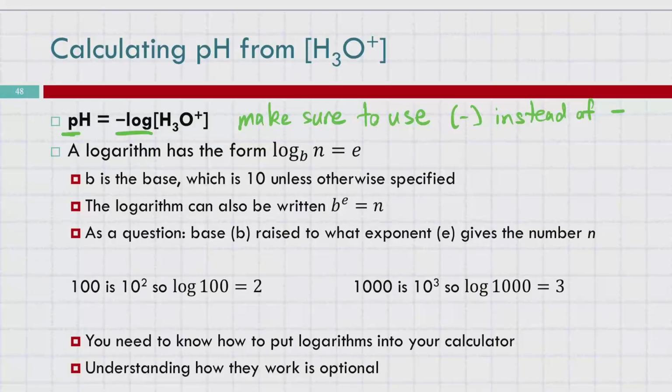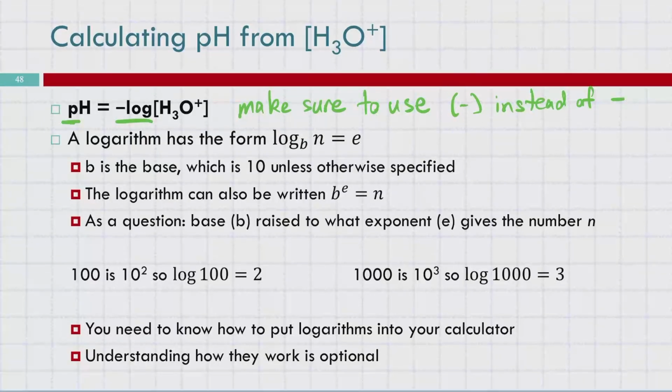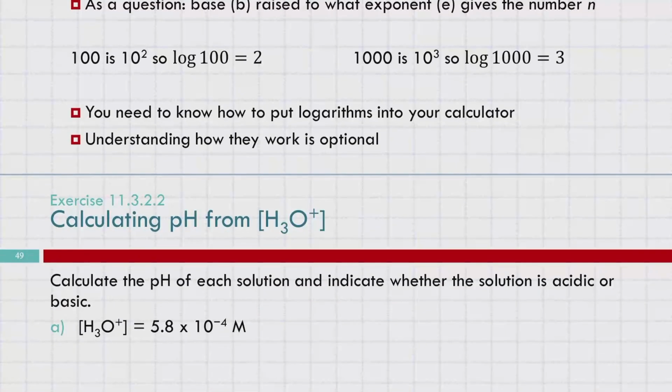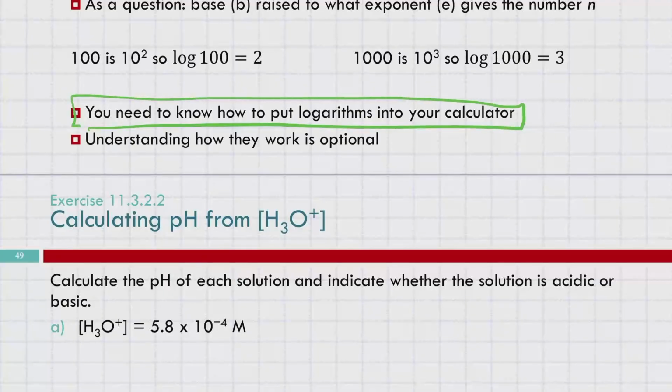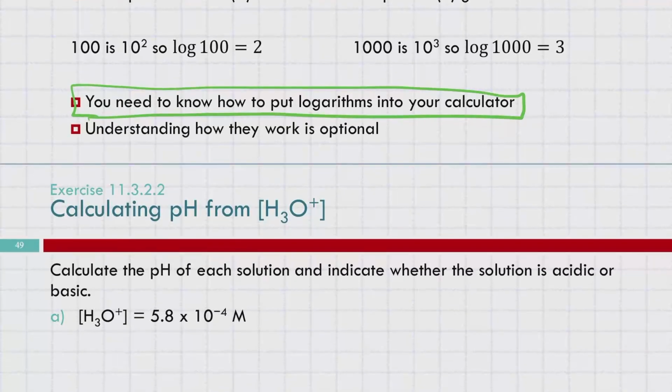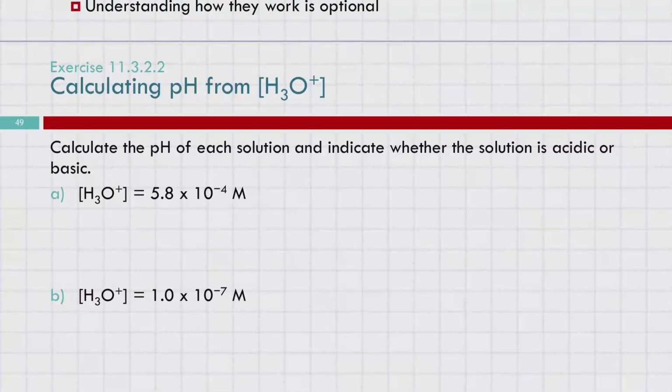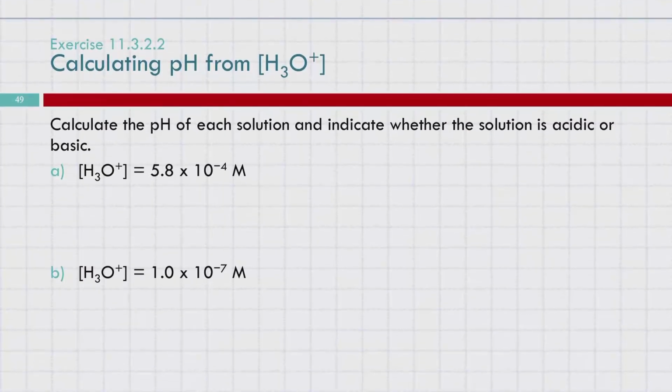You should use the other one that's slightly shorter and usually has parentheses. So you absolutely need to know how to put logarithms into your calculator. You do not need to know the nuts and bolts of how they work. You just need to be able to put them in your calculator and to be able to undo them as well, which we'll talk about. As long as you know when to do the calculation, you're set.